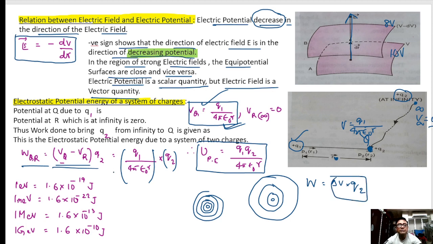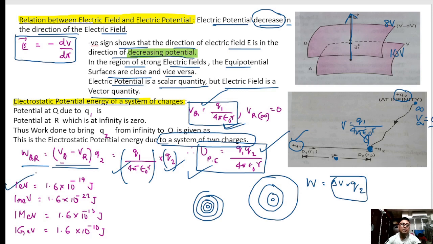This is the work done, and we know work done is the potential energy stored in the system of the charges. So due to the system of two charges, the potential energy is this one. Very important.